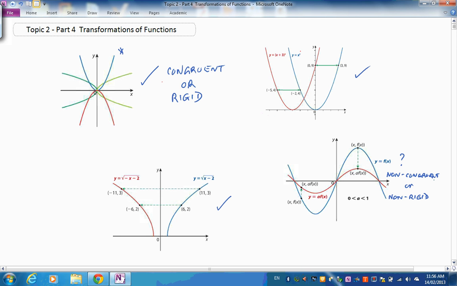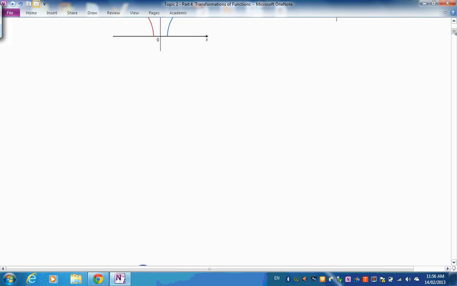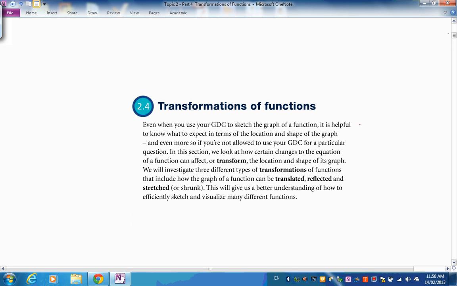So let's come down with me here and have a look at what Pearson say about this. When you're using a graphics display calculator, it's helpful to know where to expect to find the graph, some understanding of the function, so that if it's been transformed or changed to change the formula, that transformation will occur somewhere else on the window perhaps.